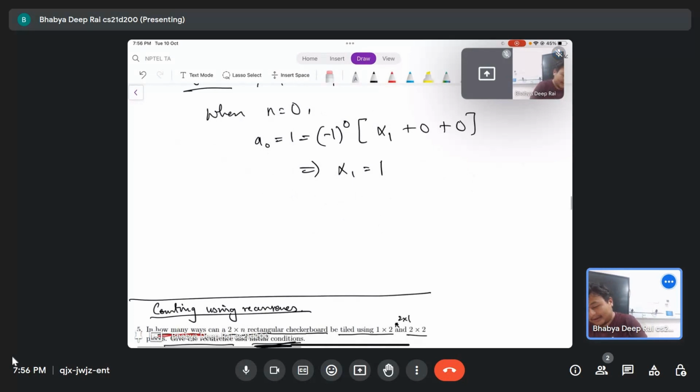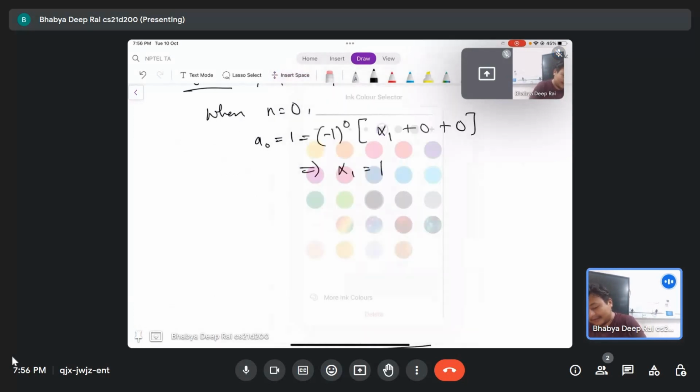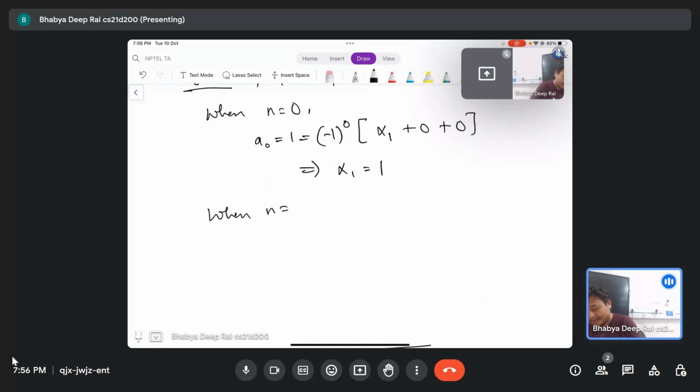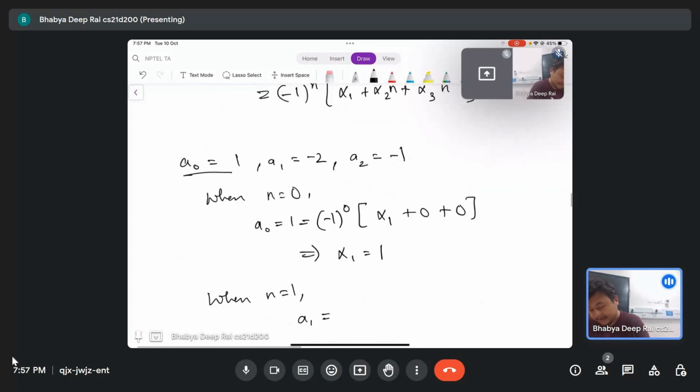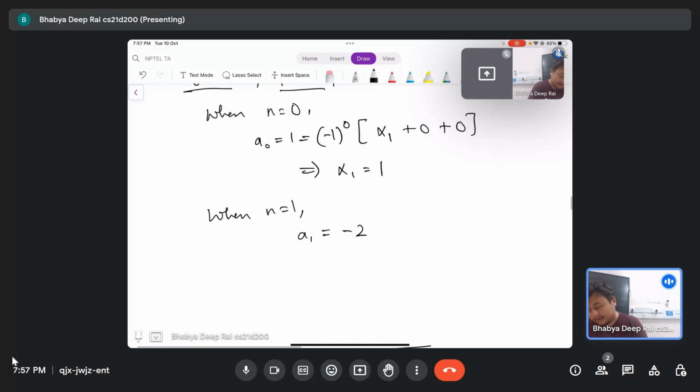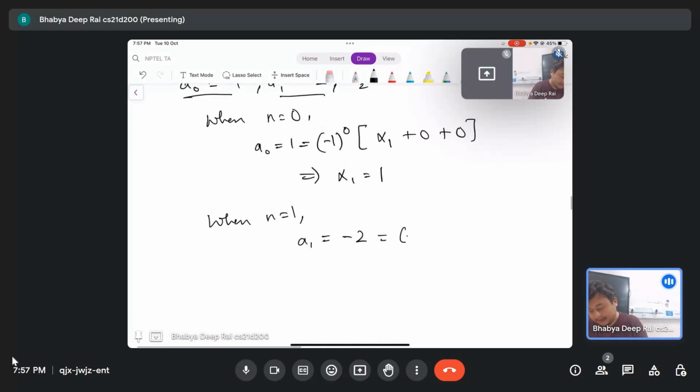Next, when n equals 1, we have a of 1 equals minus 2, which is equal to minus 1 whole to the power 1, times 1 plus alpha 2 plus alpha 3, because n and n square both are 1.